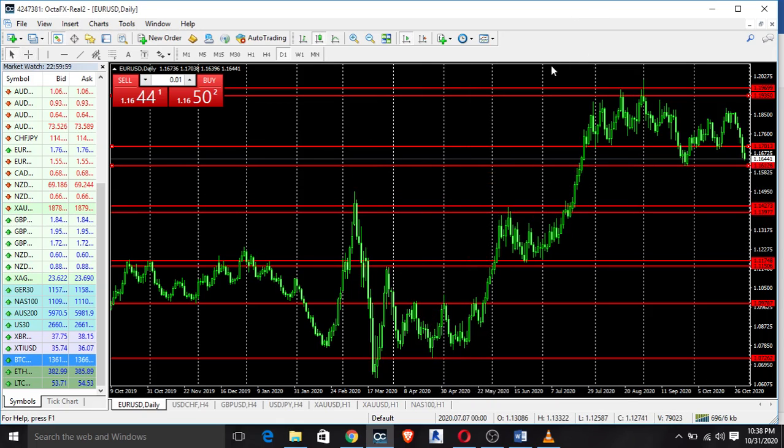So yanzu idan kuka duba a nan, this is a resistance, support. So the same thing applies. So points din duka sun yi yawa. Ba a drawing support and resistance haka. In kana drawing support and resistance, akwai abubuwan da ya kamata kai considering.